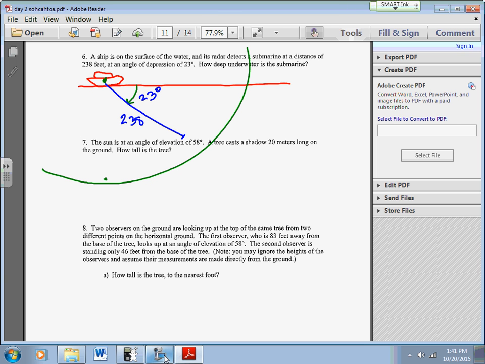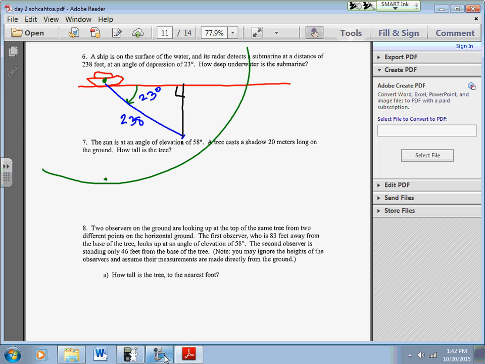And from there, you've got to be able to draw that right triangle. If you don't draw the right triangle in your picture, something needs to finish that last part of the drawing.